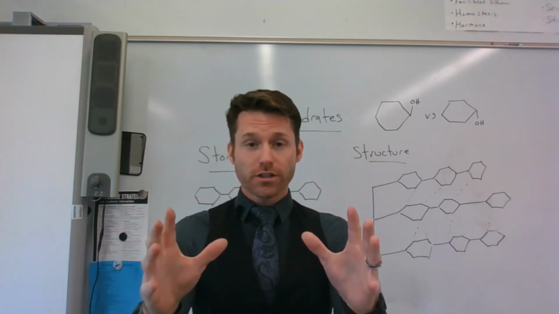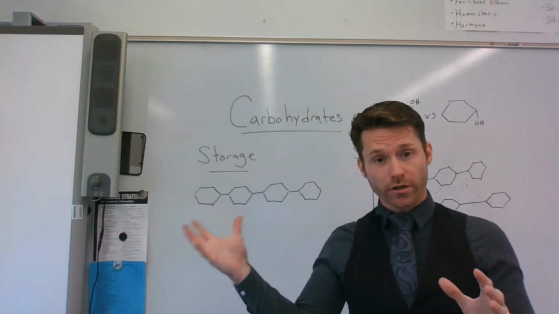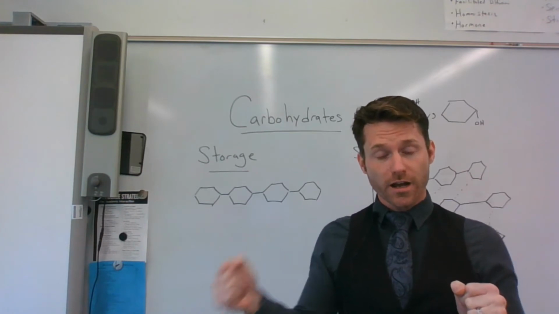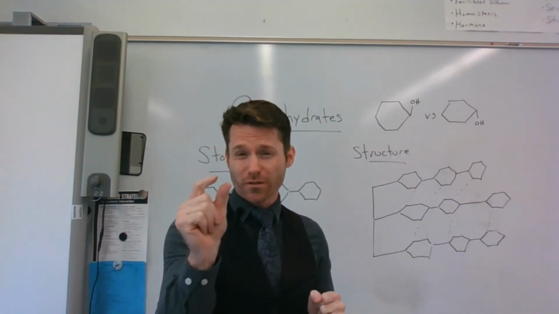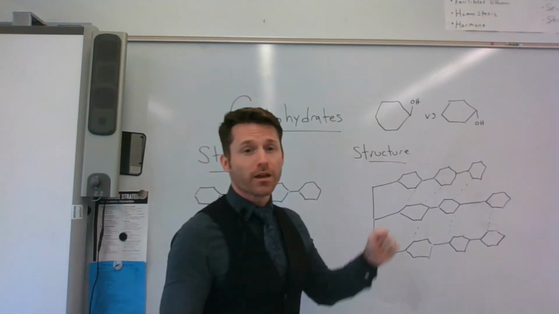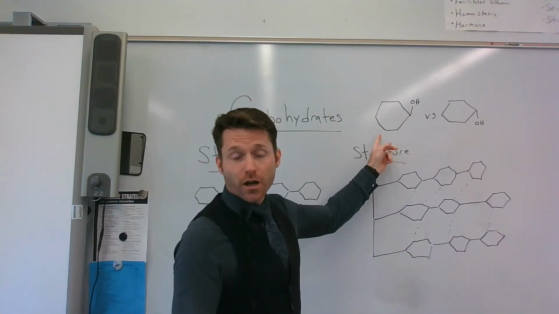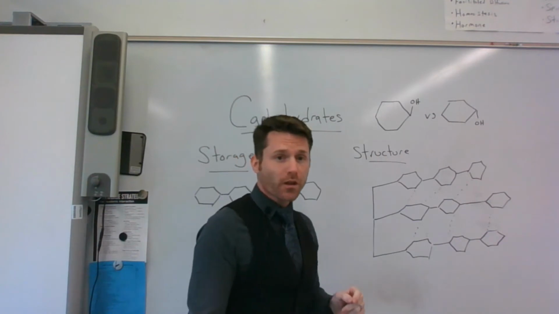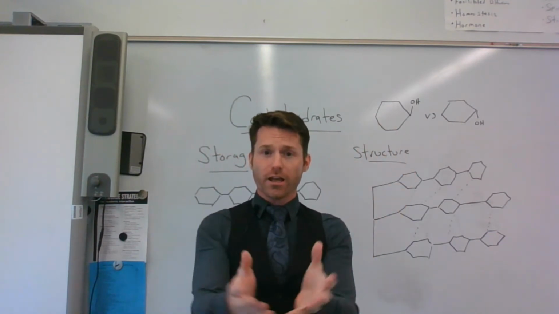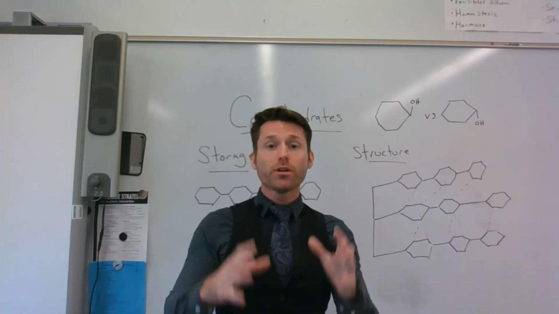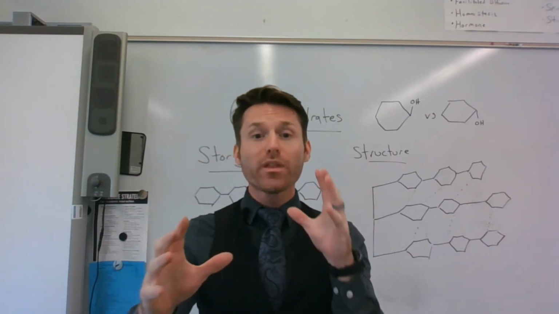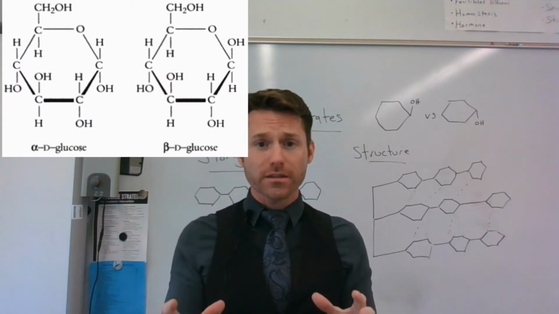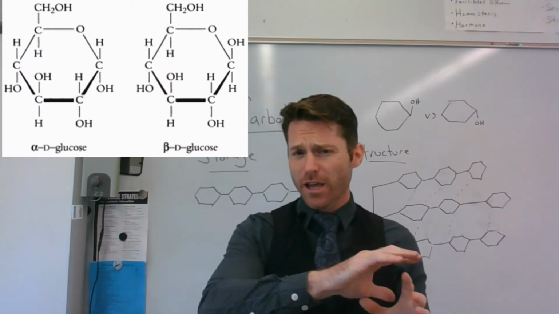The major difference between the storage polysaccharides and the structural polysaccharides comes down to a very, very little detail in the monomers of these sugars. And so when you're creating a molecule, you can have the same molecule with slightly different formats. And so it'll have the same chemical formula.